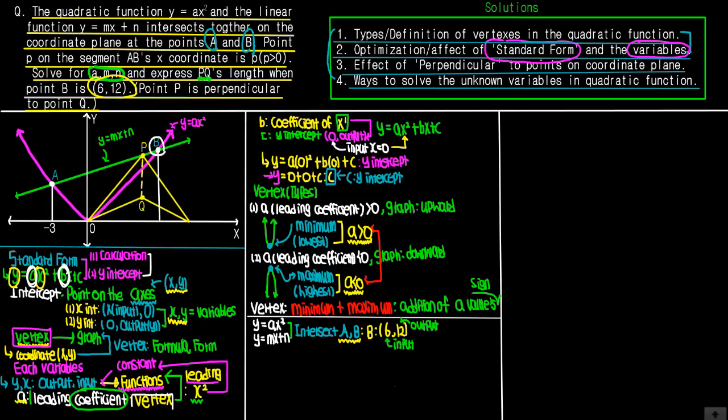Point B is the intersection of our two functions, which means if we input point B into one of these functions, they should both be satisfied and they need to have exactly the same output when you input some specific value. The exact specific value is 6. This is the most important point when it comes to solving this question.